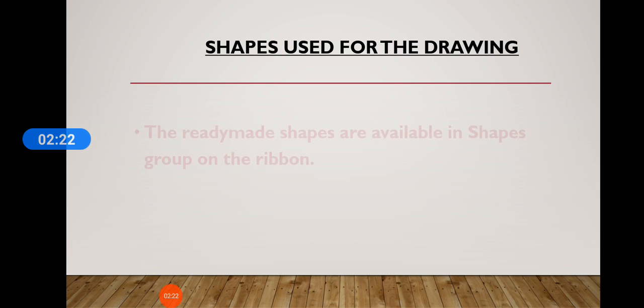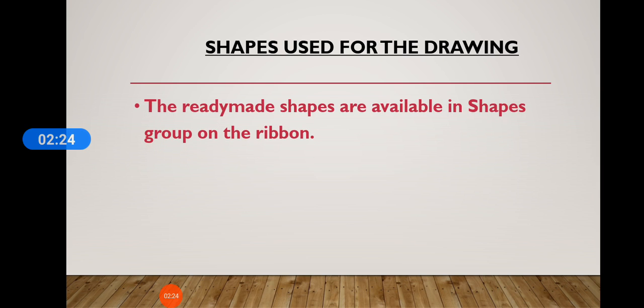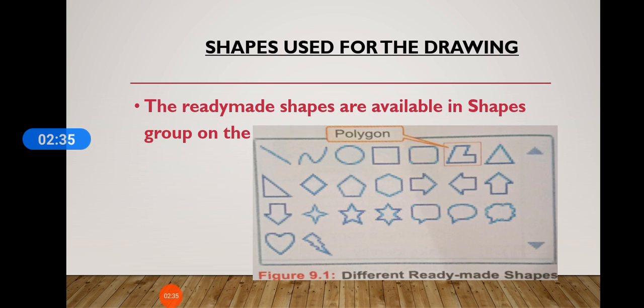We can work in paint with the help of tools present in the shapes and tools group. The ready-made shapes are available in the shapes group on the ribbon. We can see different ready-made shapes available on the screen.